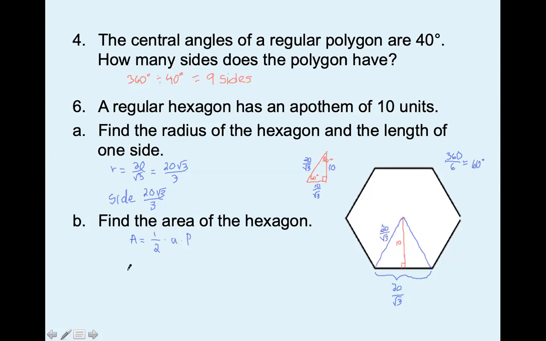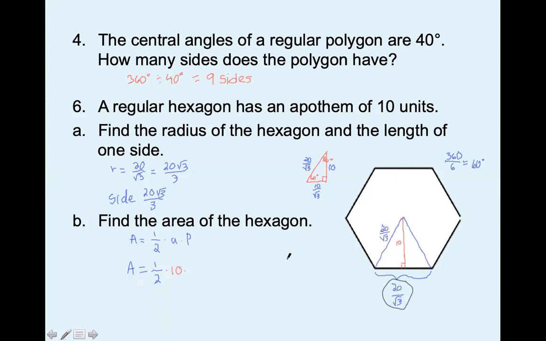All right, so I'm going to fill in the numbers that we know. 1/2 times the apothem. I'm going to switch colors here so I'm consistent with the color we've used all along. Our apothem is 10 units long. They gave that to us in the problem. To find the perimeter, I know here that each side is 20 divided by the square root of 3.